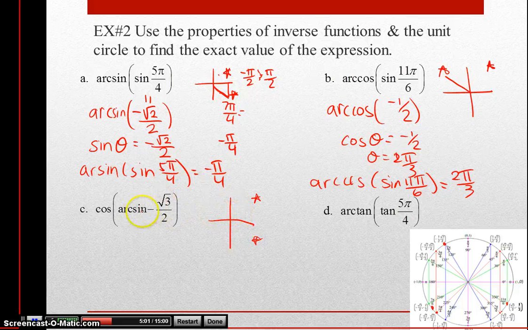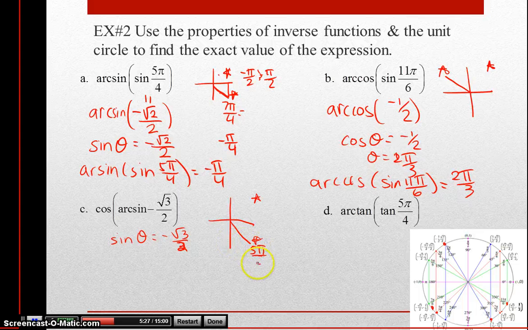We know that since it's negative, it won't be in the first quadrant, so it's an angle in the fourth quadrant. If we go and look, we want to see, well, what sine of what angle in the fourth quadrant is going to give us negative square root of 3 over 2. If we look here, we're going to see that's going to be 5 pi over 3.